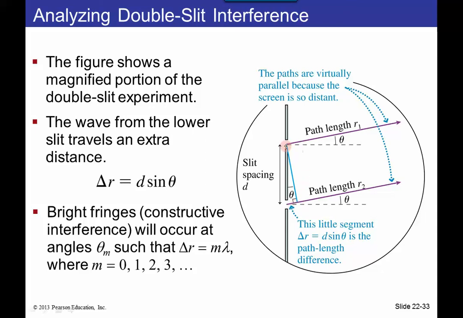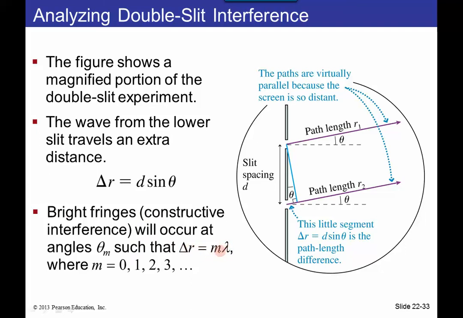This way, the wave coming from this hole travels less than the wave coming from this hole. This is the extra length that the wave coming from this hole travels to get to this point here, P. So delta r is d sine theta, and the maximum is going to occur when delta r is equal to a multiple of the wavelength.